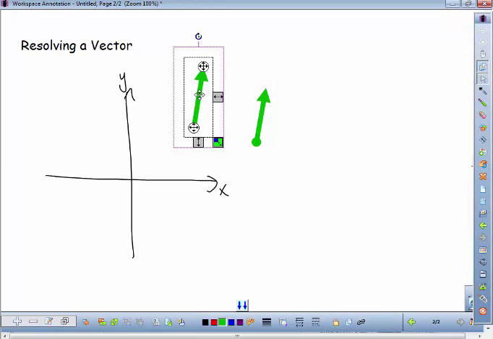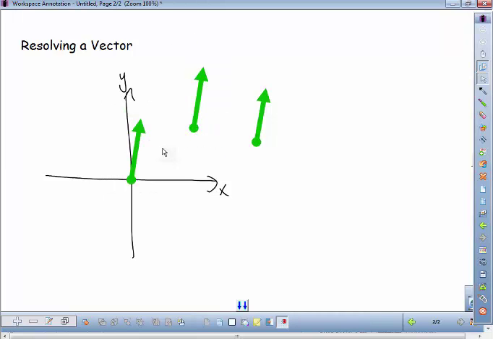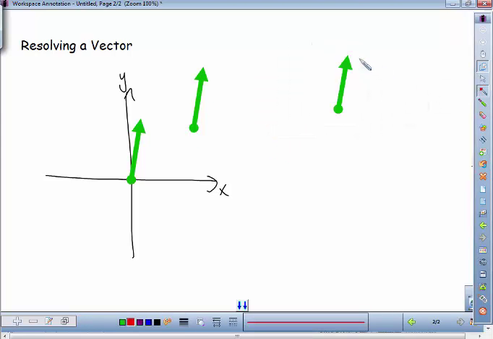So a vector in standard form would be that vector whose tail is at the origin. I guess I should talk about heads and tails too. So let's formalize a couple of other things here for a vector. You can look at the vector as having a starting point and an ending point.